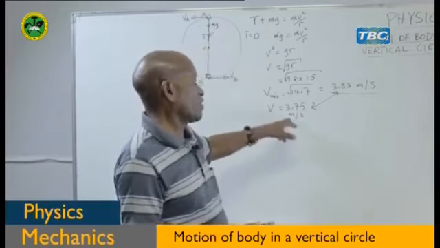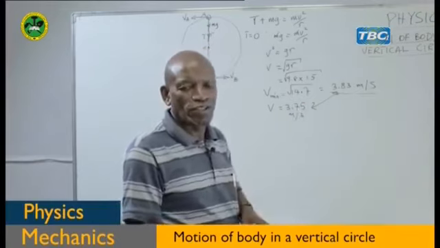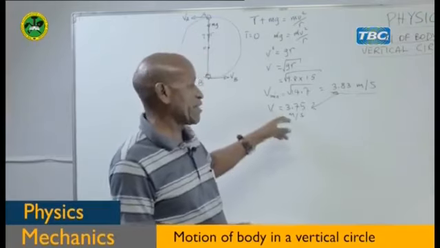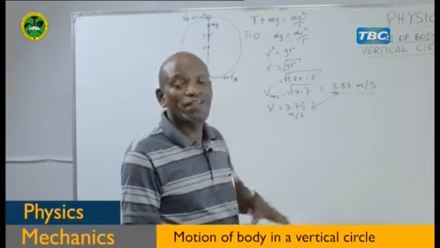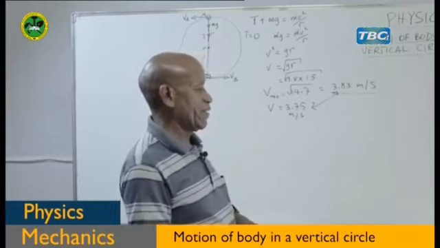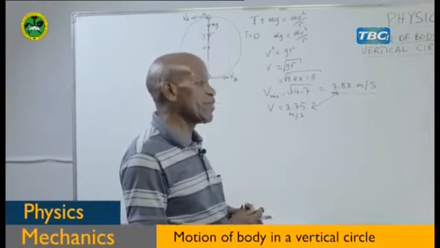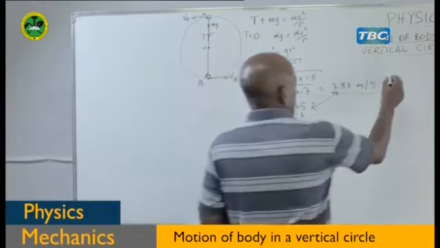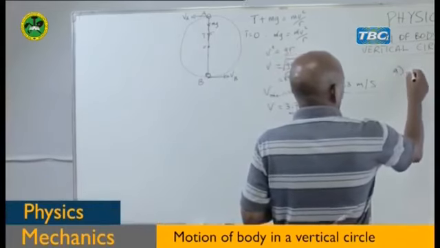This velocity is smaller than that one. So it is certain that if the bucket is moving at the top with this velocity, the string will be slack. So for part A, the string will become slack.